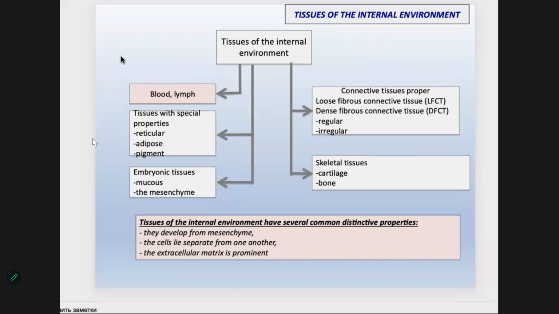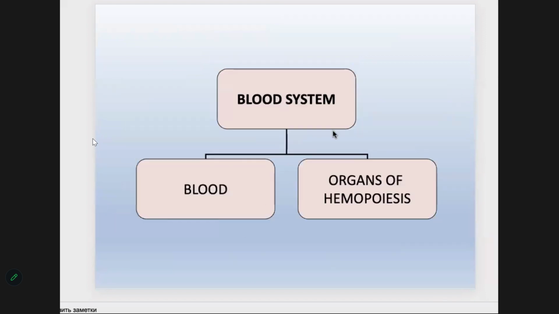Now we are speaking about the blood, the first tissue of internal environment. Blood is a part of the blood system. The blood system includes two main portions: blood as a tissue and organs of hemopoiesis, where the main parts of the blood are formed.